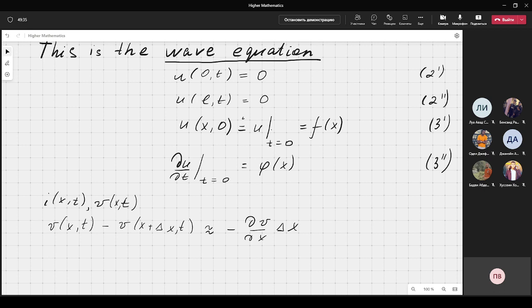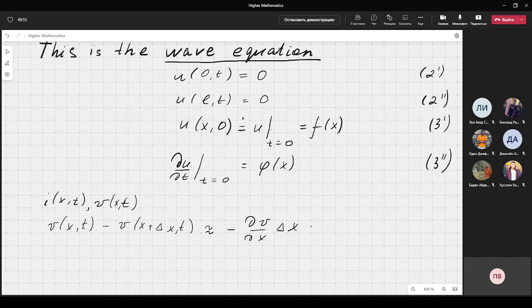This voltage drop consists of the ohmic drop equal to I R delta x and the inductive drop equal to dI over dt times L times delta x.